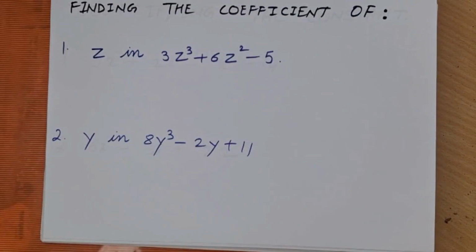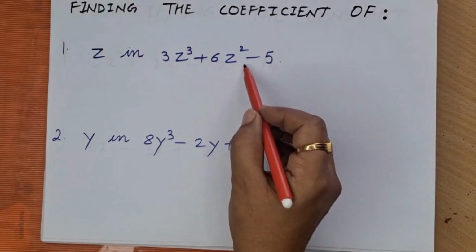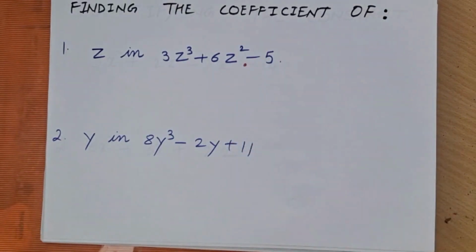Now, let us go to the next. Finding the coefficient of z in 3z cube plus 6z square minus 5. What is the coefficient of z here? Wait, there is no z term. It is completely missing, which means it is secretly 0z.